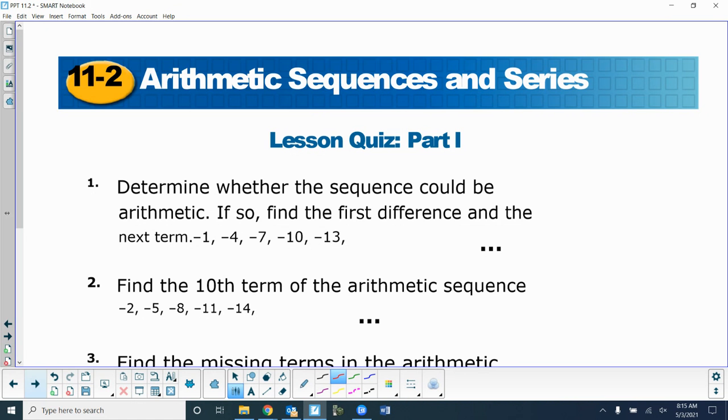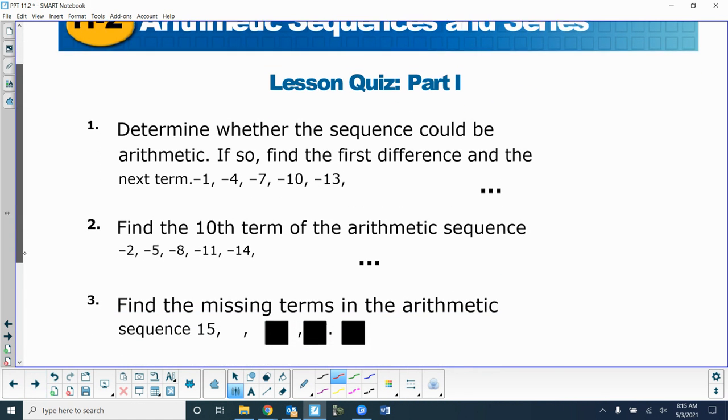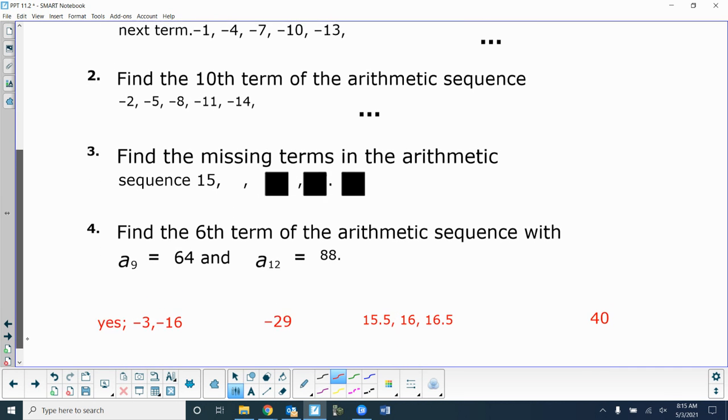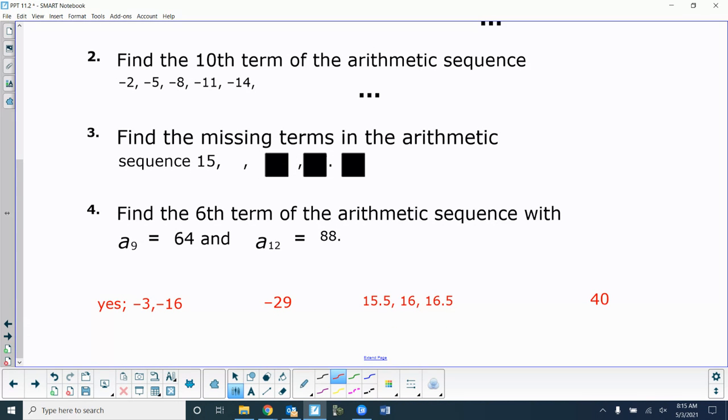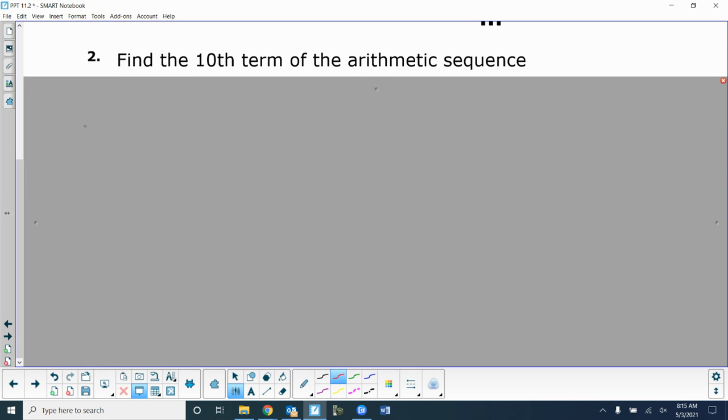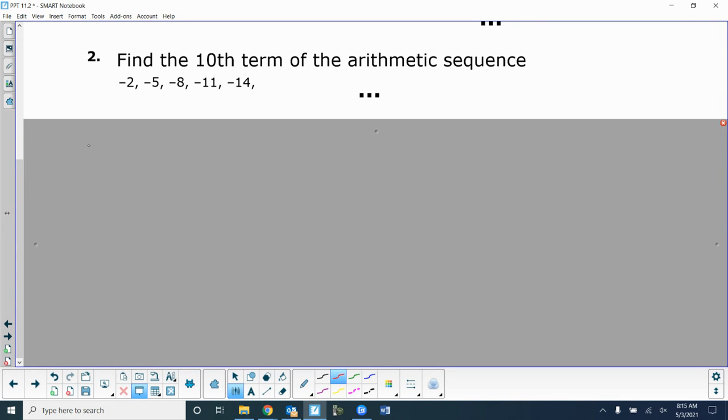Let's do number 2 to start. Find the 10th term of that arithmetic sequence.